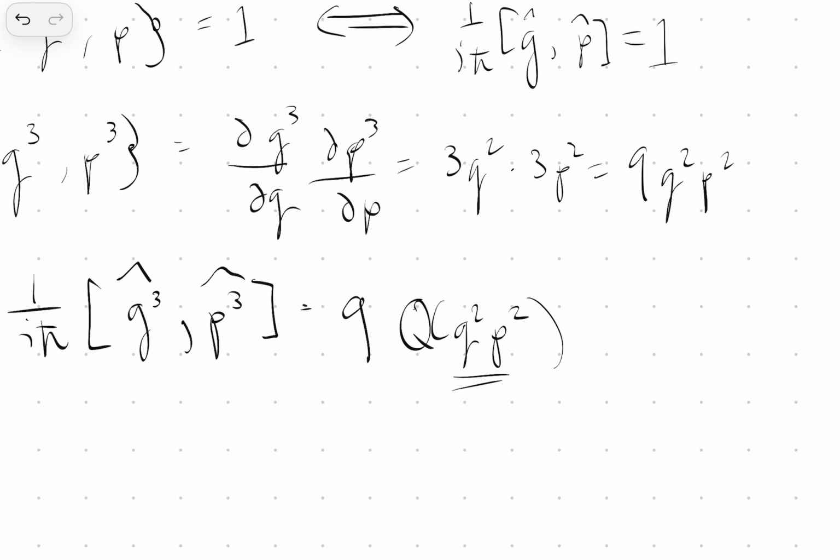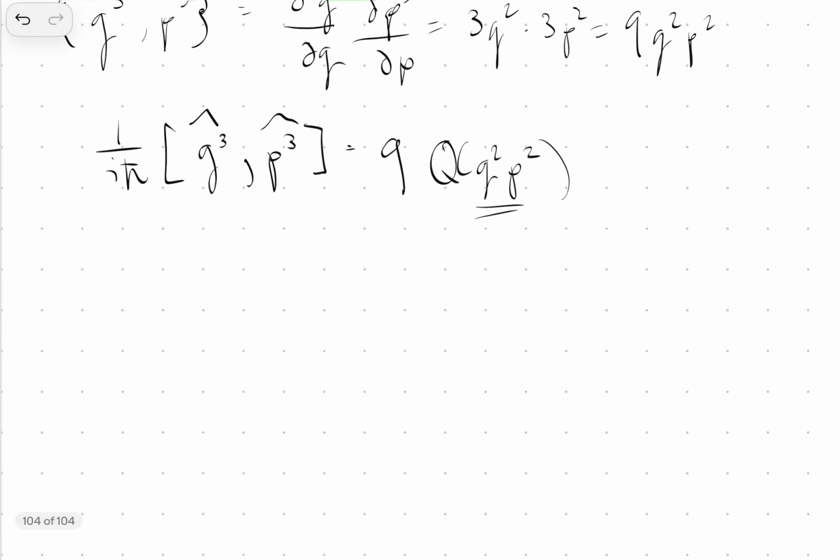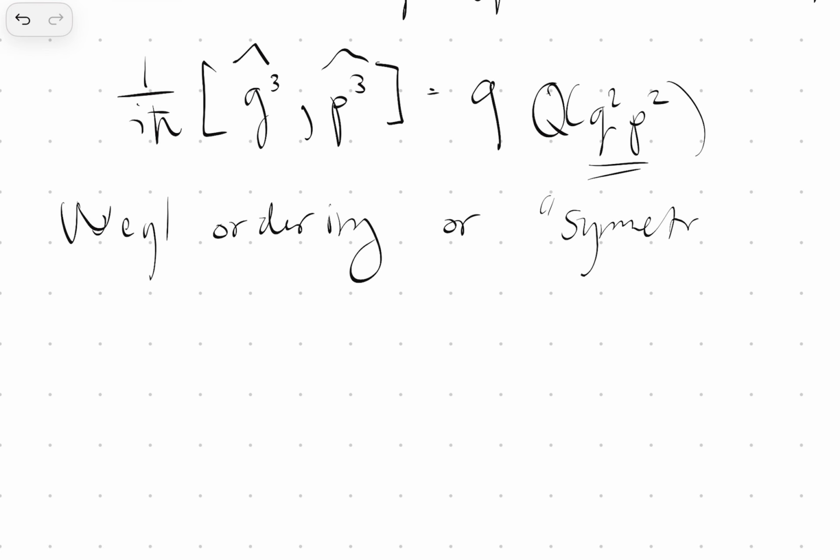Now we need a precise way of prescribing this ordering, and the natural way of doing this is called Weyl ordering, or symmetric ordering.